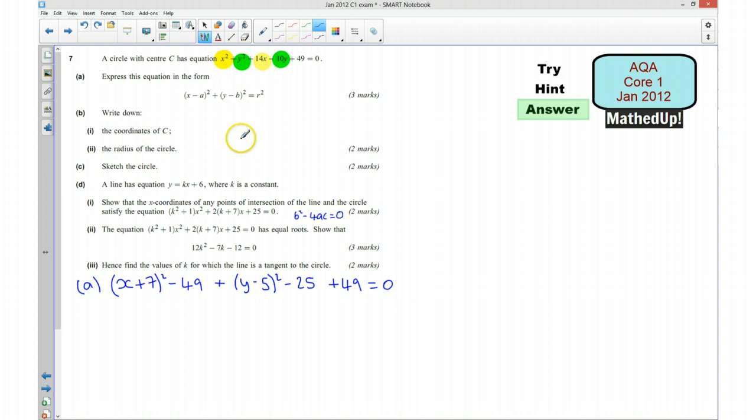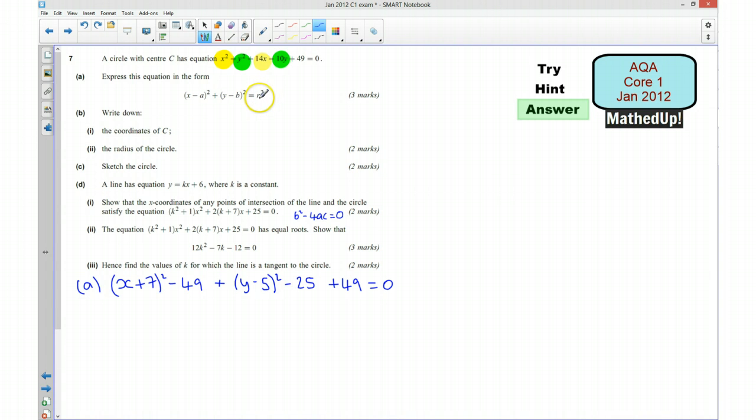So this bit here is there, and the green bits here is there, and we've still got the plus 49 equals 0. Okay, and we can now simplify this. That subtract 49 and that plus 49 are going to cancel each other out, and this subtract 25 I can move on to the right hand side of my equation.